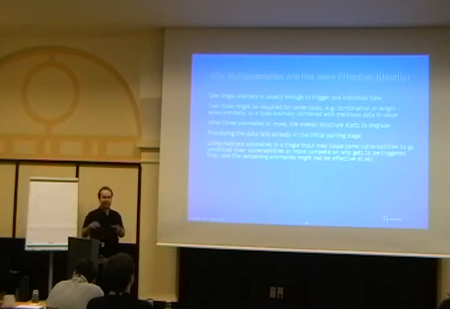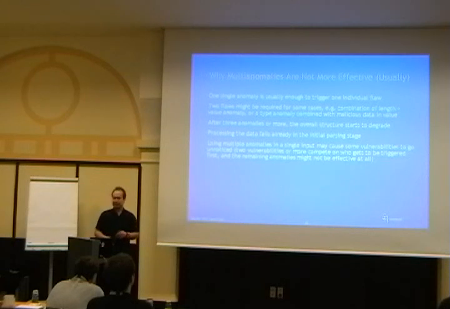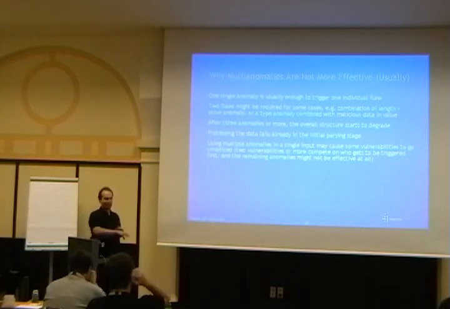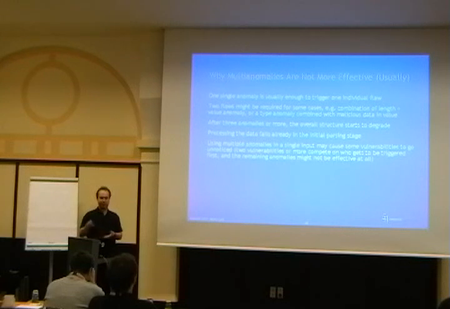When you start adding the amount of fuzzed inputs into one single packet or one single file, you might miss some of the underlying problems. You might end up in a race condition, so to speak, where one of the fuzzing inputs triggers a particular flaw, but the other fuzzing inputs would never reach the flaws that would be out there.